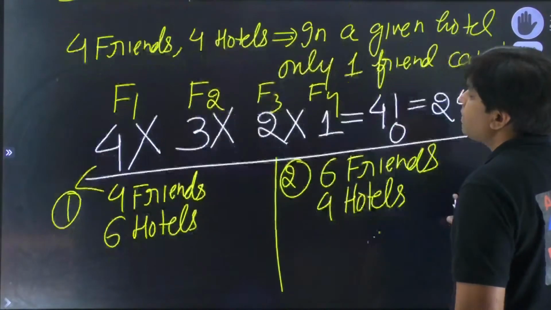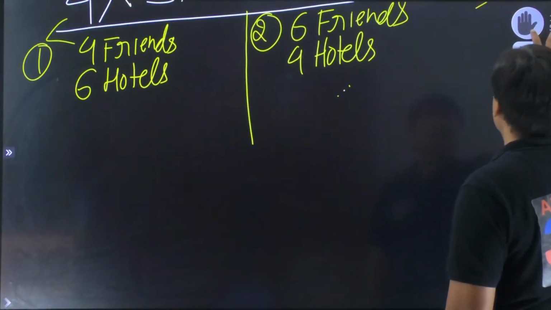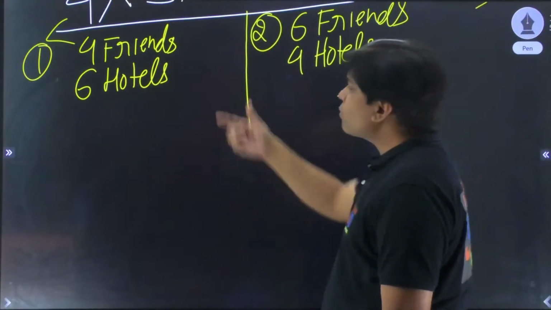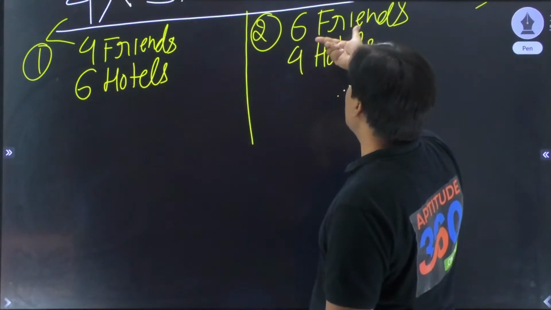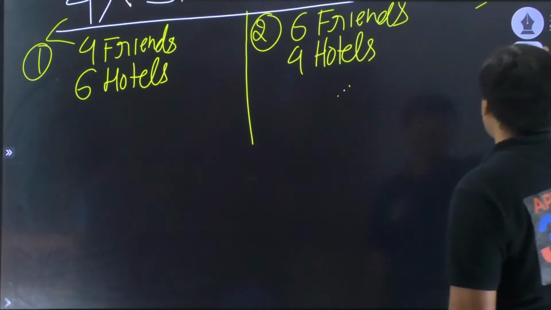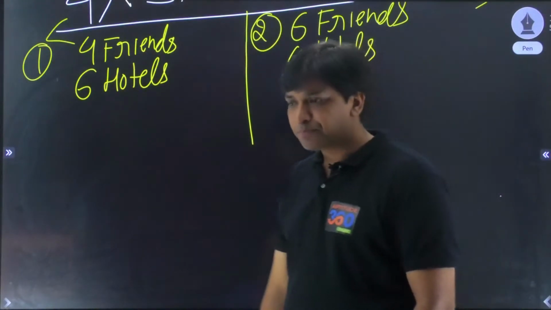My only simple problem out here is number 1, in how many ways can 4 friends stay in 6 hotels, and question number 2 is in how many ways can 6 friends stay in 4 hotels. What do you think is your answer, people? I'm waiting for it.